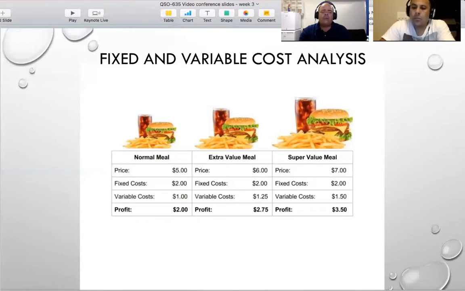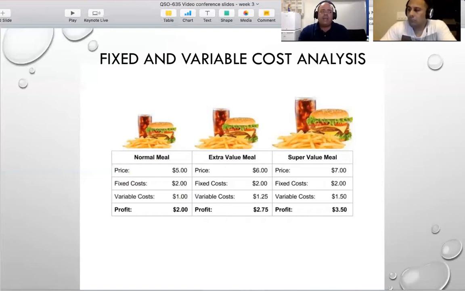Within most supply chain systems, the way that you calculate the absorption of fixed costs is you look at your expected demand and you divide your fixed costs into your expected demand. So let's say your expected demand is 10,000 cheeseburgers and your fixed costs are $10,000. In this example, each cheeseburger goes towards $1 worth of your fixed costs.